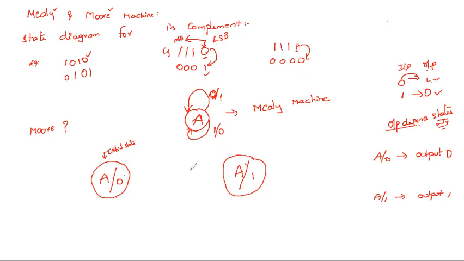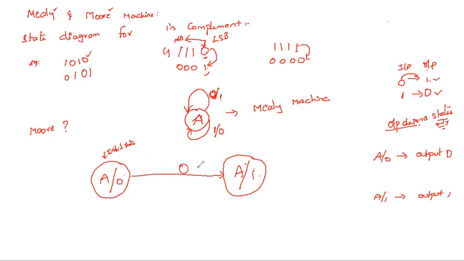So suppose I am taking input 0. What is the output? Output is 1. Output 1 is available at which state? Here only. So whenever input is 0, output is 1.